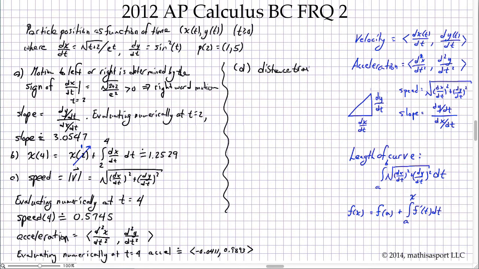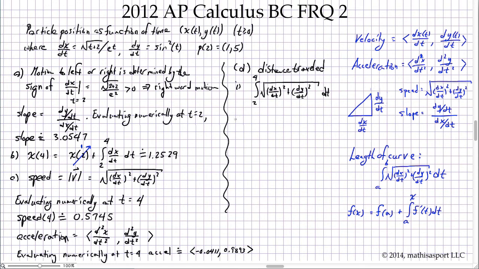Distance traveled is the integral from 2 to 4. Again, it's really just the length of the velocity vector integrated over time.